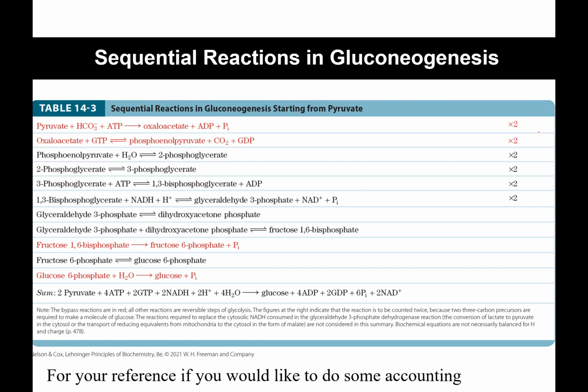This is 4, right? So let's do the accounting together. I feel like I've missed something here. We're consuming 4, but why only 2 GTP?